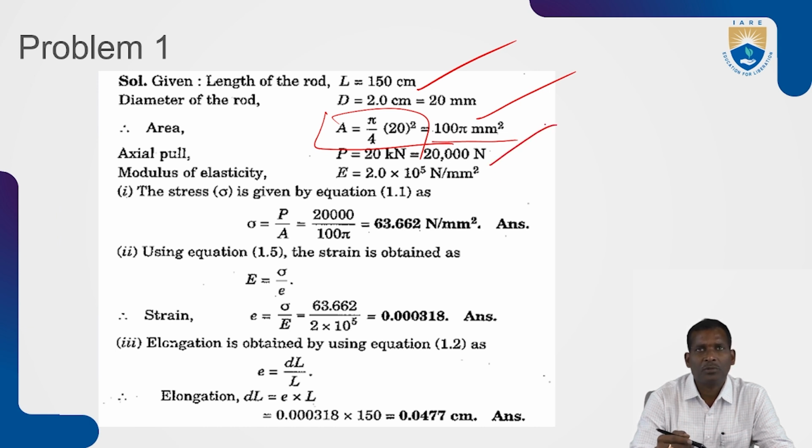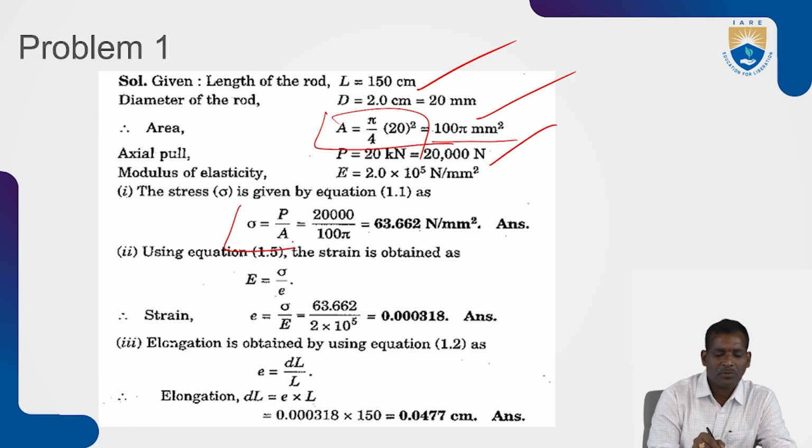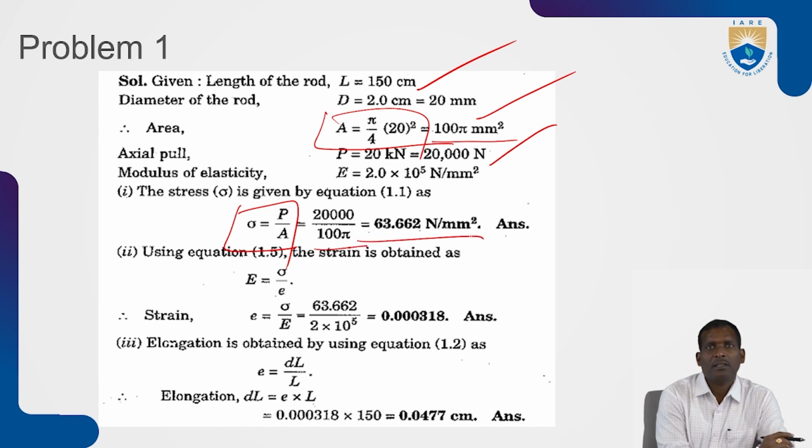The load is 20 kilonewtons, modulus of elasticity is given. Now calculate stress: stress formula is load per area. The load given is 20,000 upon the area already calculated. You will get 63.662 Newton per mm square. Units are important.